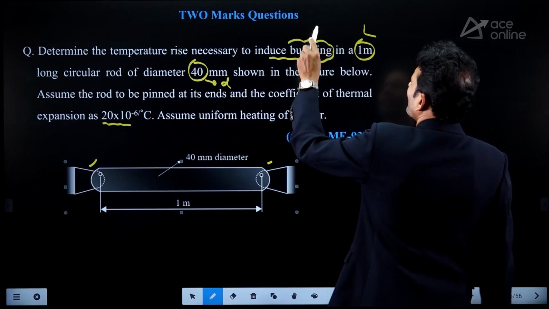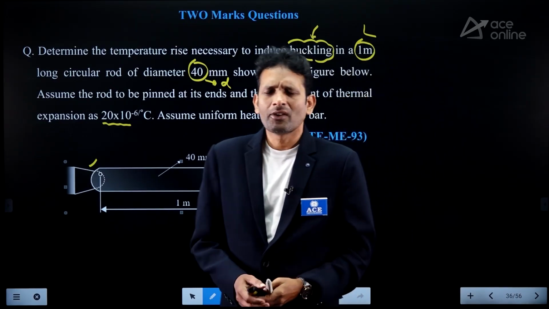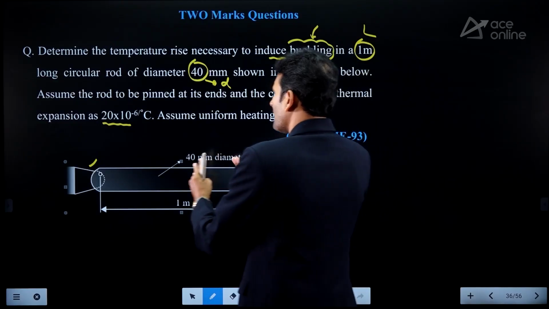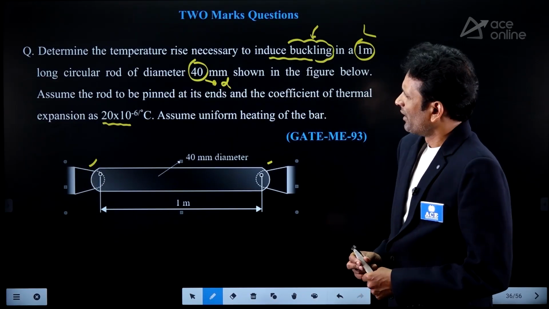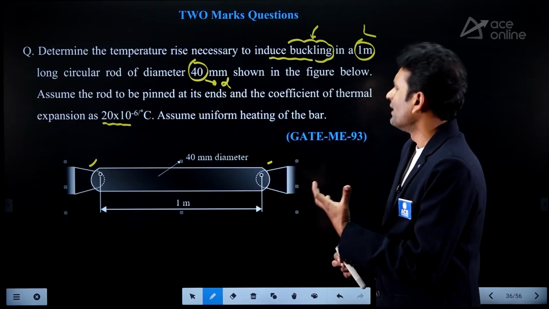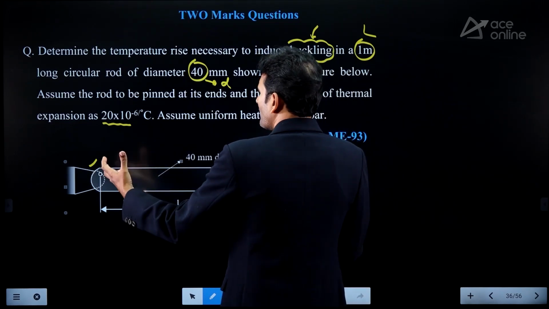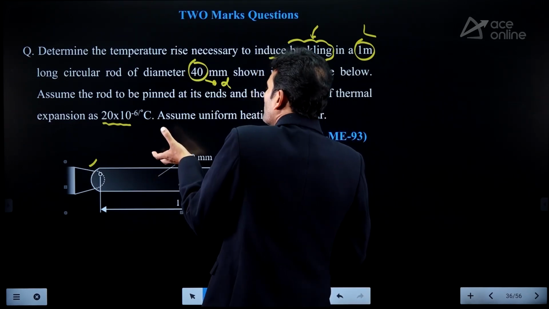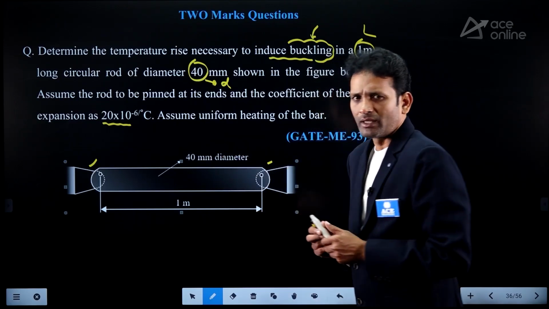Now look here. Whenever we are providing the uniform heating, obviously the bar is expanding in this direction. But if I want to develop the buckling phenomenon in this particular rod, up to what value of temperature do I need to increase it?